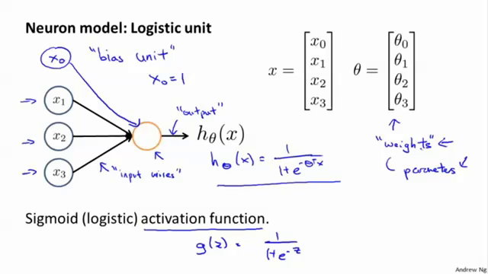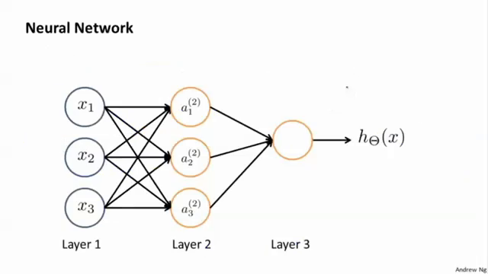So this little diagram represents a single neuron. A neural network is just a group of these different neurons strung together. Concretely, here we have input units x1, x2, x3, and once again, sometimes we draw this extra node x0 and sometimes not.